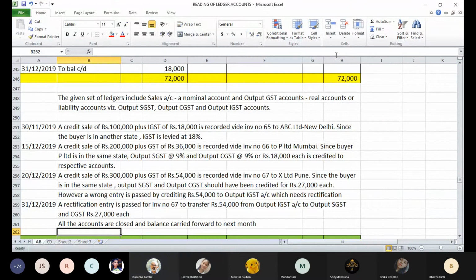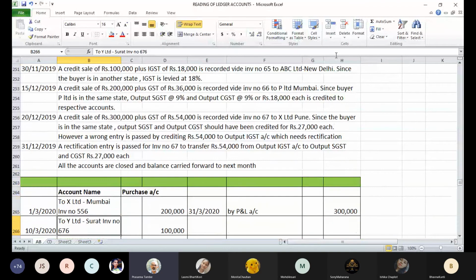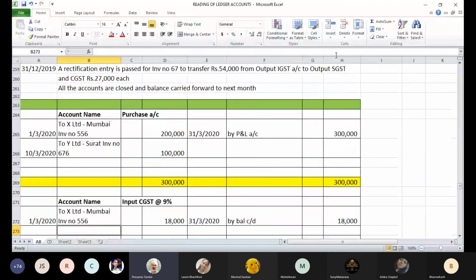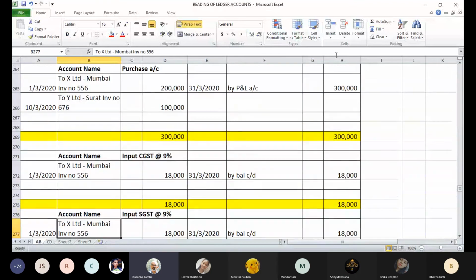Okay. Now we saw the elementary principles, basic principles in accounting of GST for sale transactions. Same way, we will understand it for purchase transactions. Whenever you purchase goods, you may pay GST on purchases. When you charge GST on sales, that GST is known as output GST.